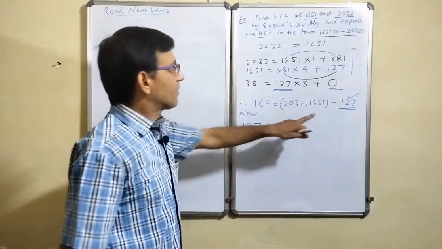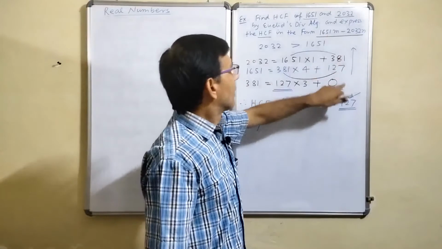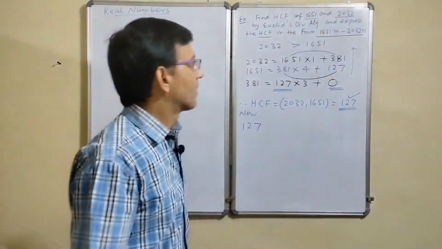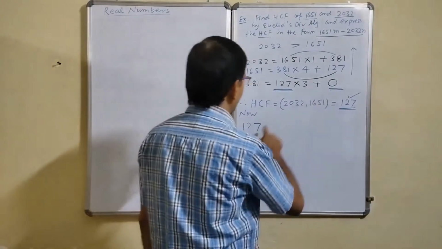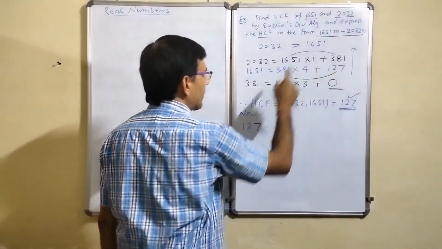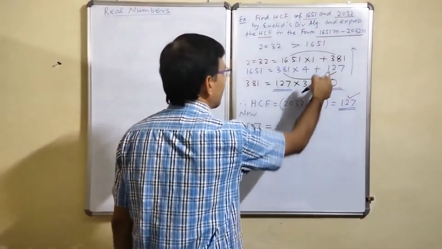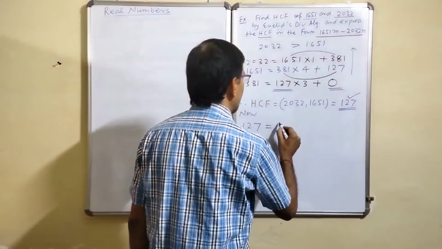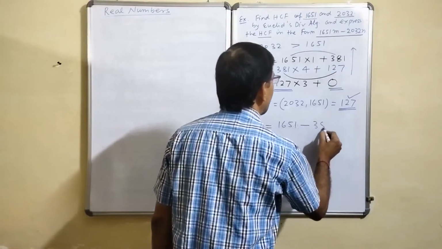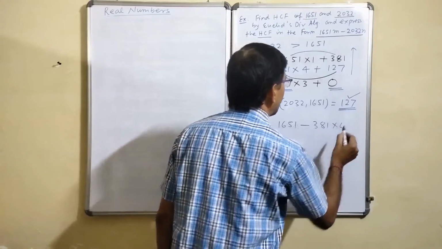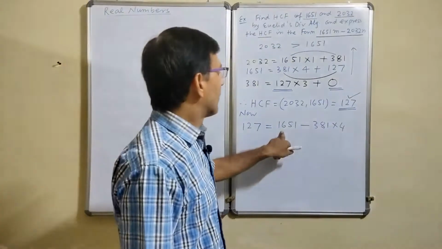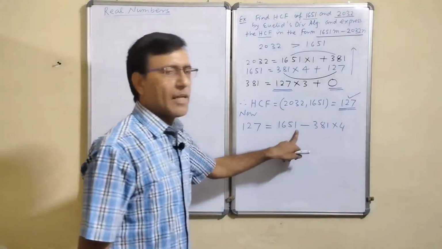Now we have to express 127 in terms of these two numbers, the relationship between these two numbers. So 127 can be written as 1651 minus 381 into 4, and here 1651 is multiplied by 1.